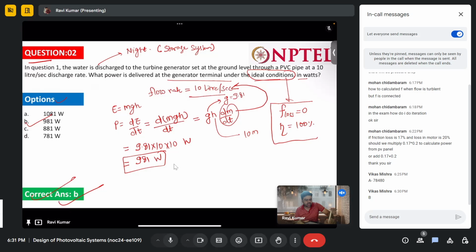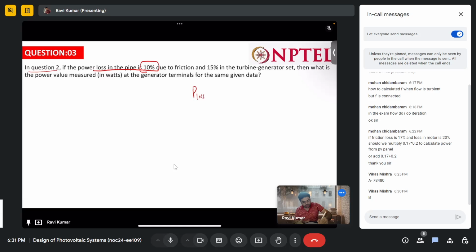So these are the ideal conditions. Now it is saying there is a power loss due to friction equal to 10%, and 15% loss in the turbine generator set. Then what is the power value measured at the generator terminals?